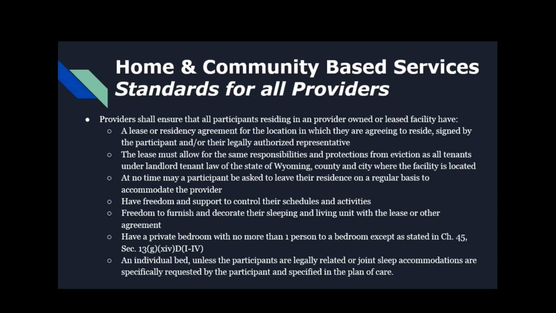They must have a private bedroom with no more than one person to a bedroom, except as stated in Chapter 45, Section 13, Part G, as listed on the slide. And they must have an individual bed unless the participants are legally related or joint sleep accommodations are specifically requested by the participant and specified in the plan of care.